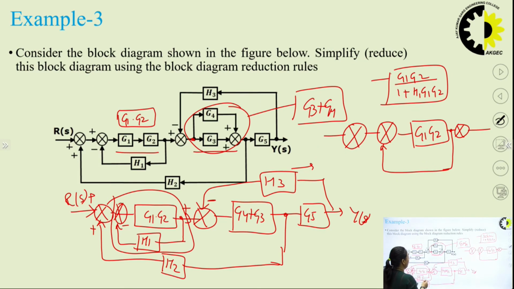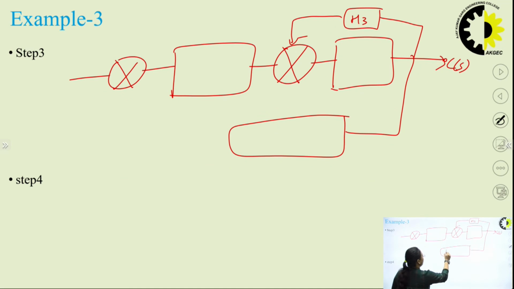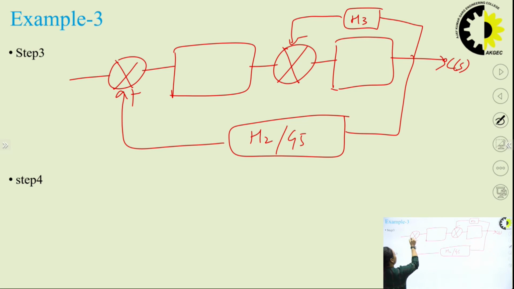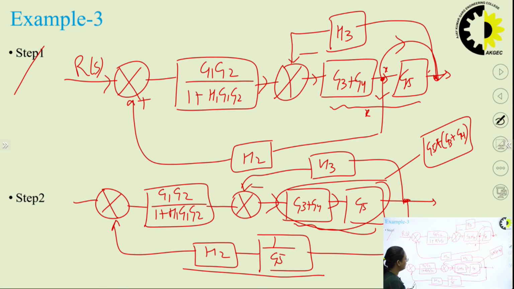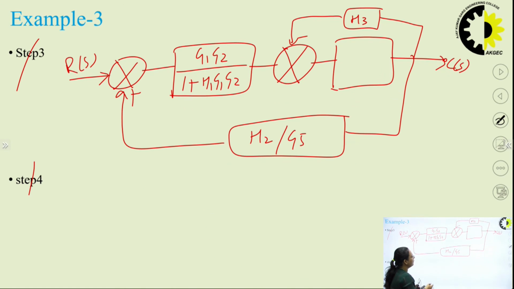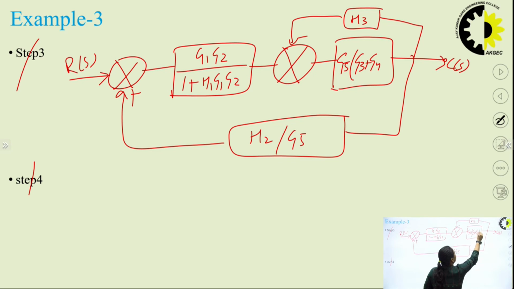Okay, so I'll write here H2 upon G5, and it is going here with the plus sign. This is R(s). This is no more step 3 and step 4, and this is G1 G2 upon 1 plus H1 G1 G2, and here this is G5 into G3 plus G4. Okay, so it is with negative sign.